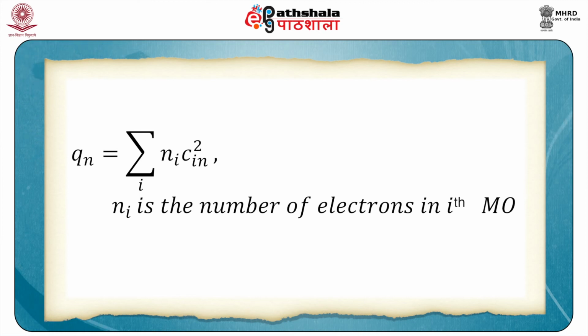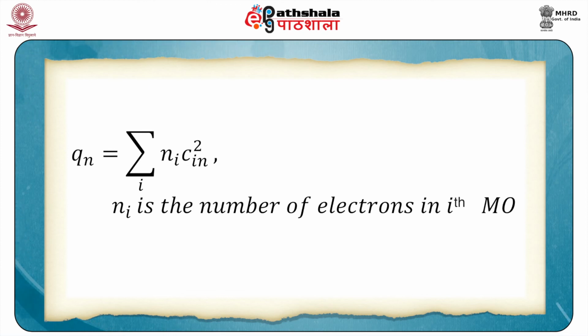The summation is over all i's. And here Ni is the number of electrons in the ith molecular orbital. If any molecular orbital is empty, then naturally the contribution will be equal to 0. So this is the expression for finding out the total pi electronic charge on any carbon atom.